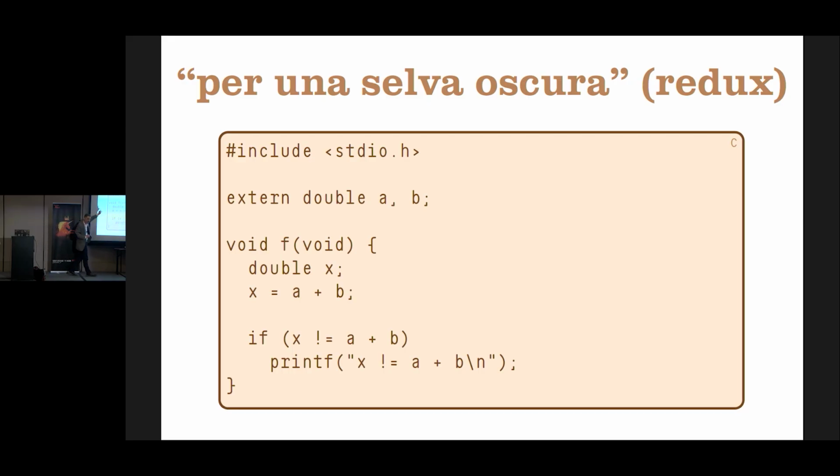Okay, so here we have a C program. This C program has a couple variables, A and B, and defines a function. X is the sum of A and B. If X is not equal to A plus B, print F. What will this program do? It is unspecified. This is unspecified behavior in C. The reason is that when you do this calculation A plus B, this summation can occur with extended precision bits.